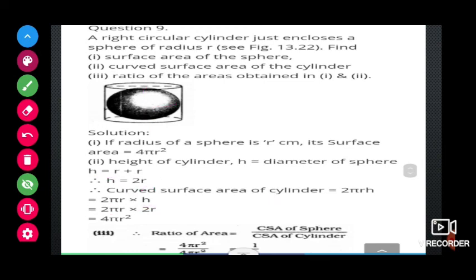So we will get totally 2 into 2, 4 pi r into r square, 4 pi r square. Ratio of these two areas, that is the curved surface area of the sphere, how much did we get? 4 pi r square by CSA of cylinder 4 pi r square. This by this we will get 1:1.